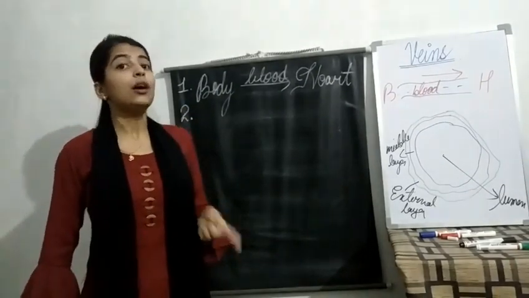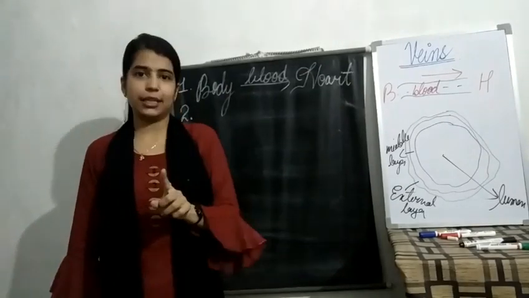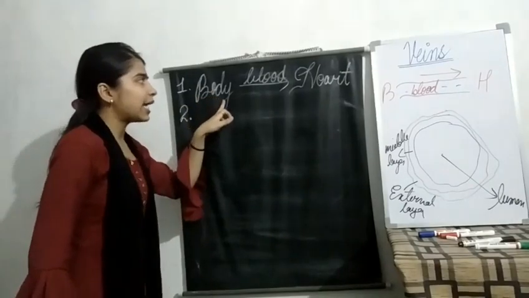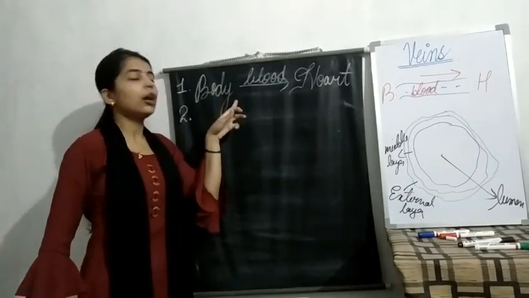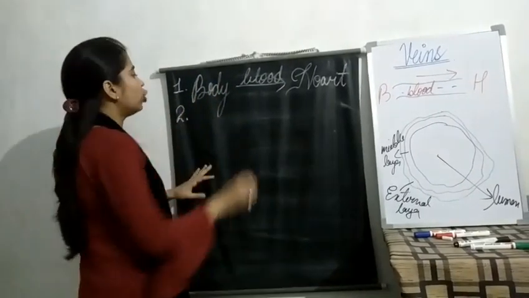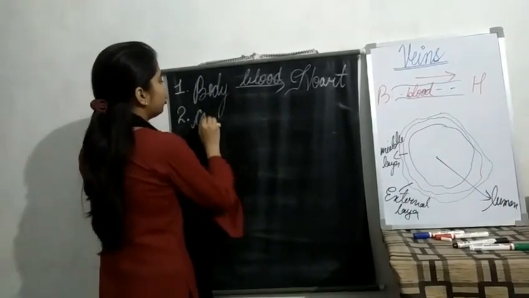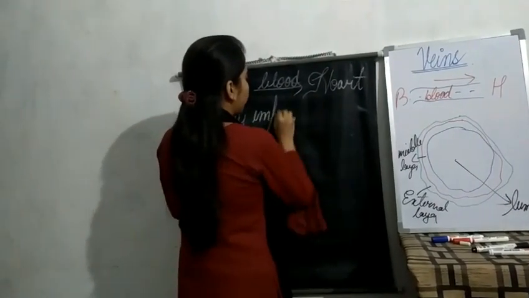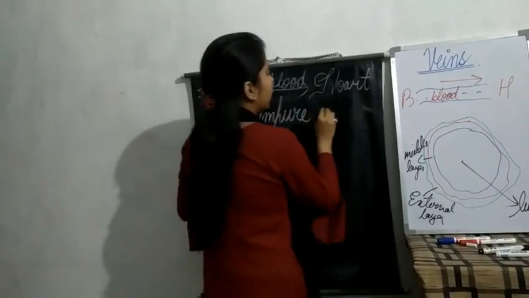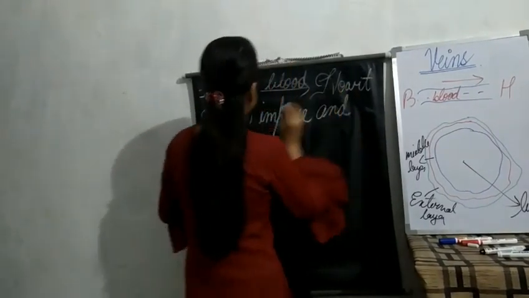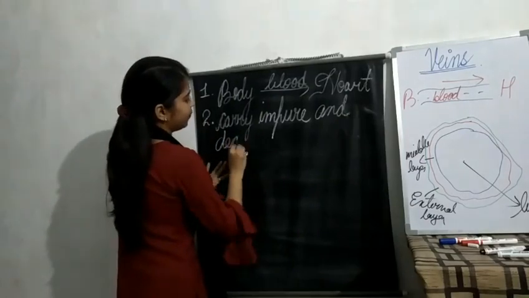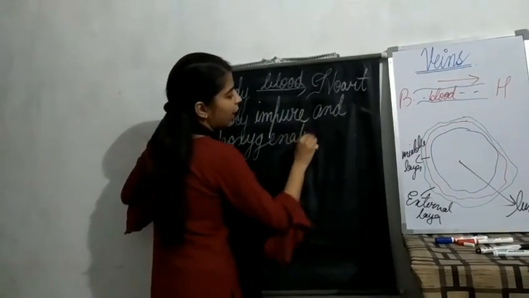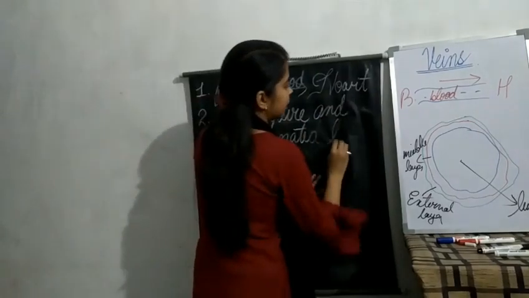They carry the pure and oxygenated blood. Veins, since they carry the blood from the body, will carry what kind of blood? They will carry impure and deoxygenated blood. Your veins carry impure and deoxygenated blood.